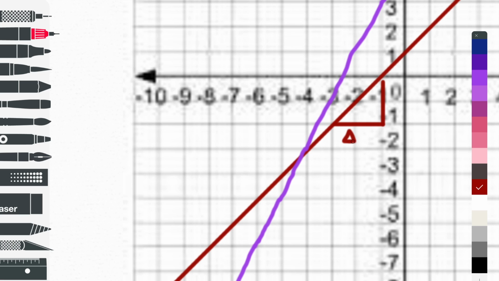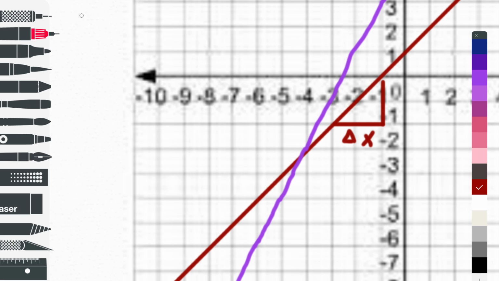So this is the sign delta, and if we put delta x, that means change in x. So delta means change in, and x is, so it just means change in x. So we would call it change by 2.